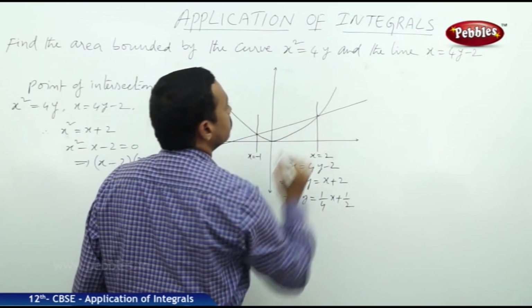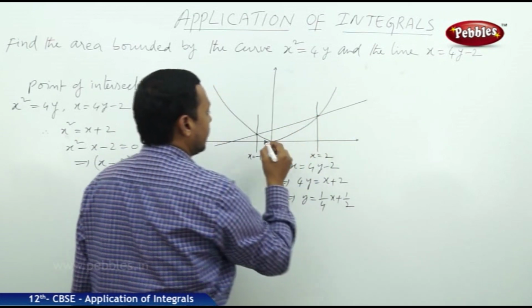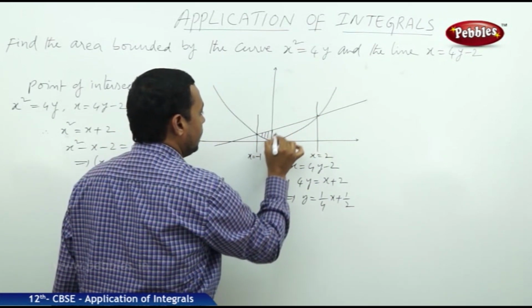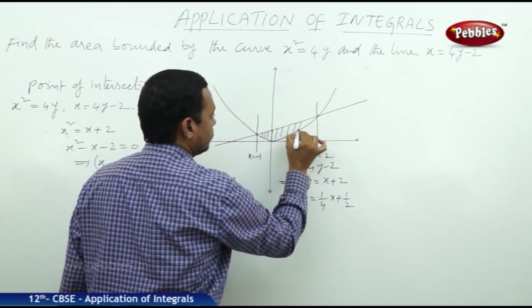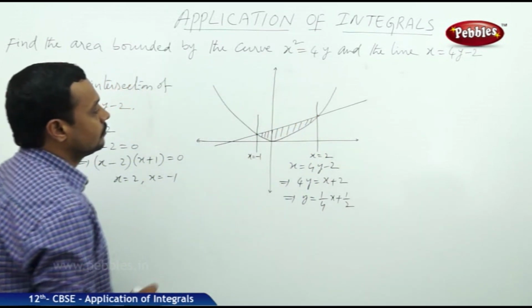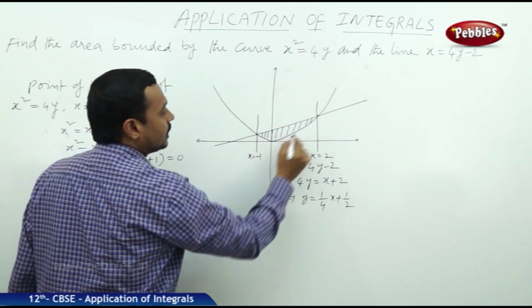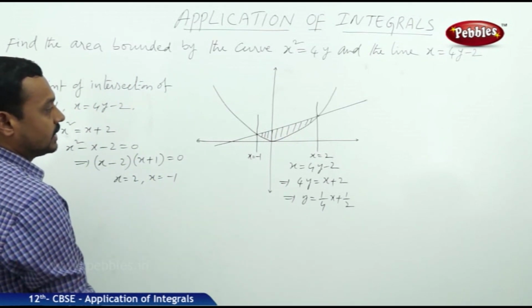Now this is the curve and this is the line. So what is the area bounded by these two, like this? Now we have to find the area of the region like that.